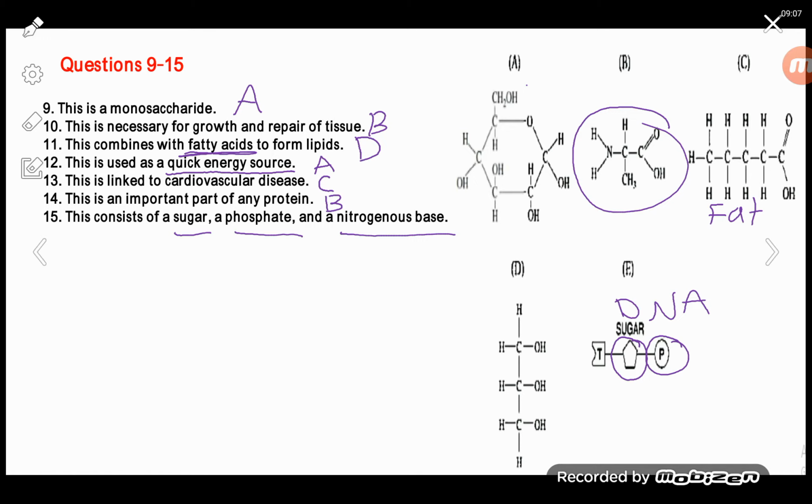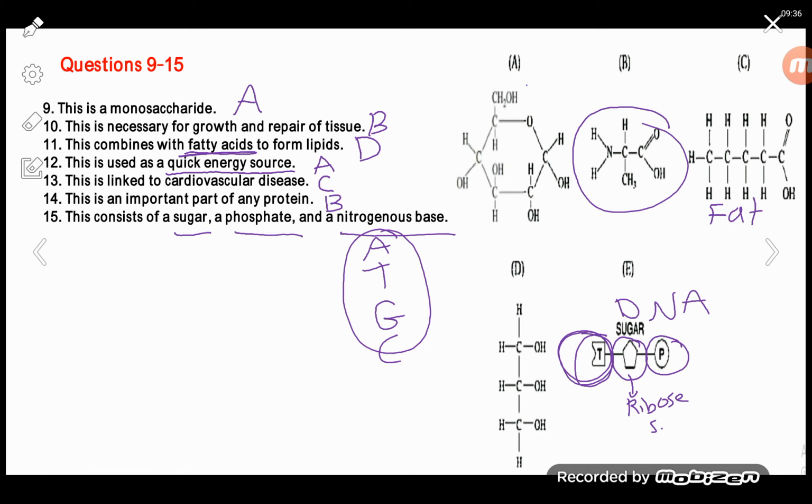And the nitrogen bases we have are adenine, thymine, guanine and cytosine in DNA. So when you see any one of these, as we have T, guys, it means thymine. So this is DNA.